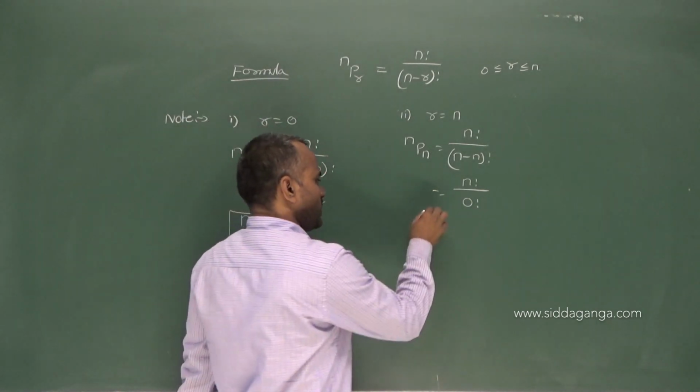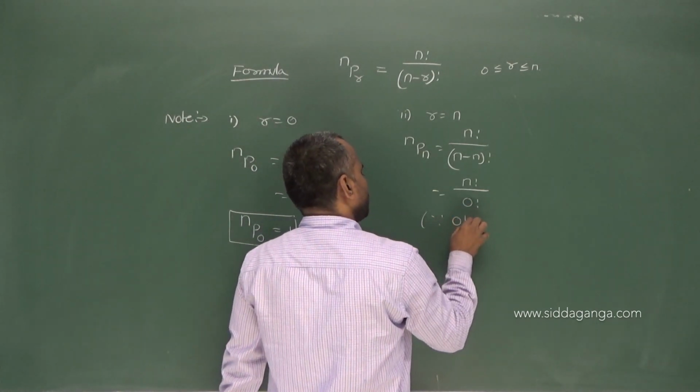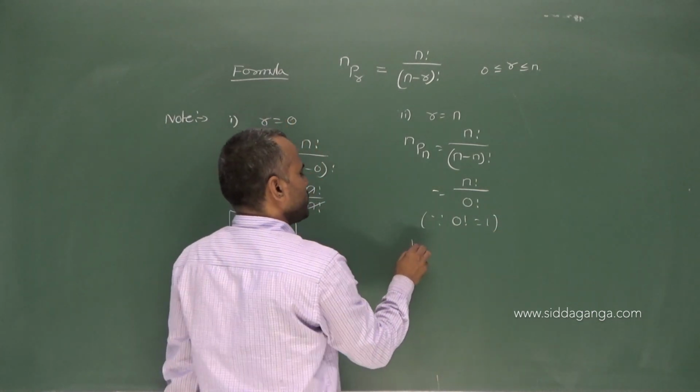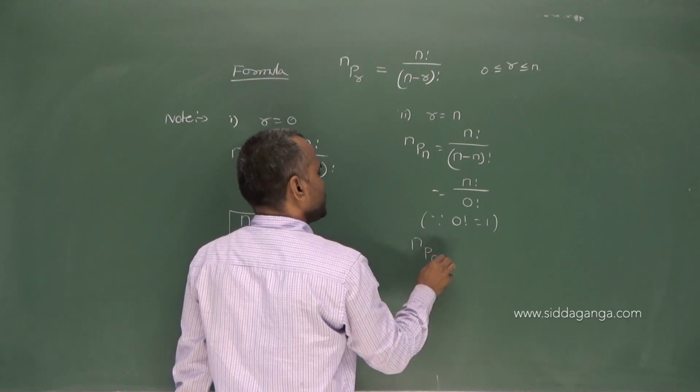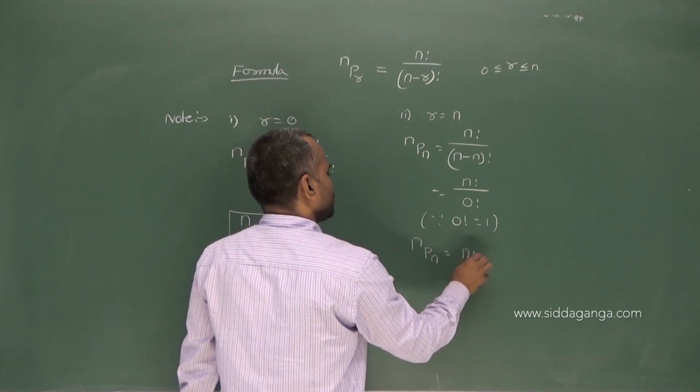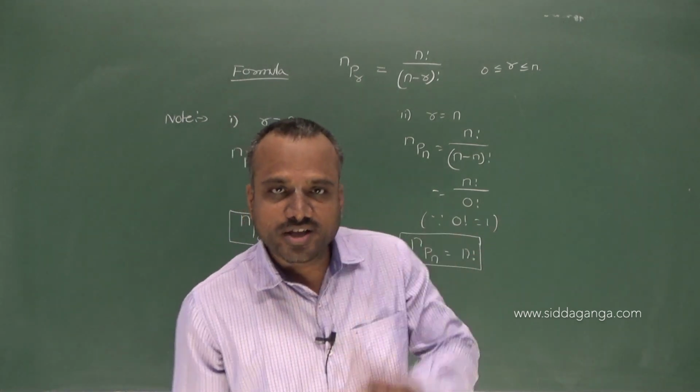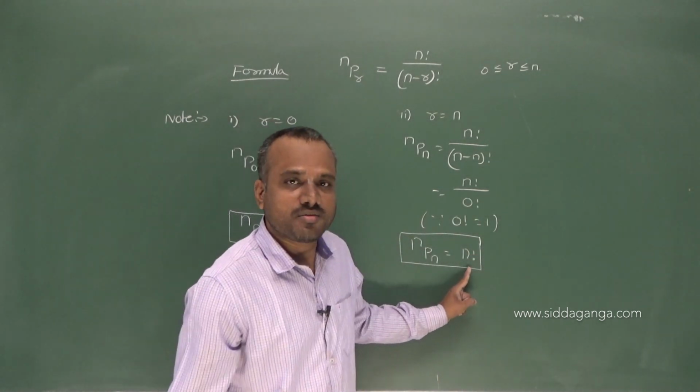Last class I defined 0 factorial as 1. So nPn is nothing but n factorial. If r and n are equal, it is n factorial.